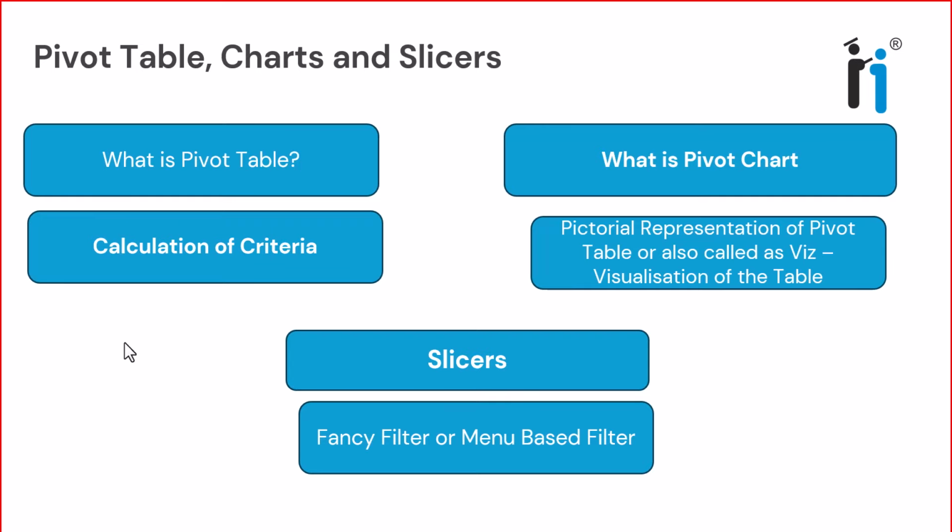I'll call the pivot chart a pictorial representation of the calculated criteria. We also call this a visualization of our pivot table in a much more detailed pattern. And we already know a bit about the slicer, so it is a fancy filter.